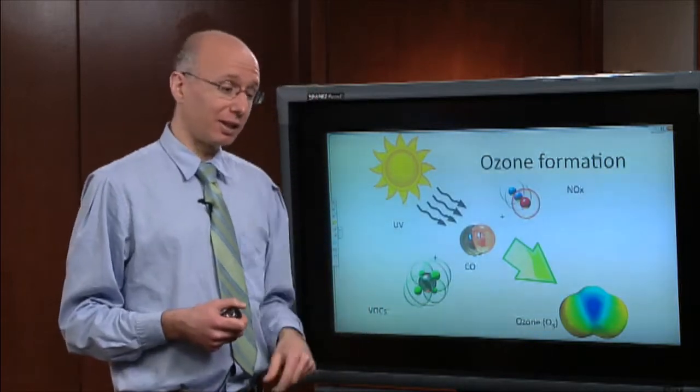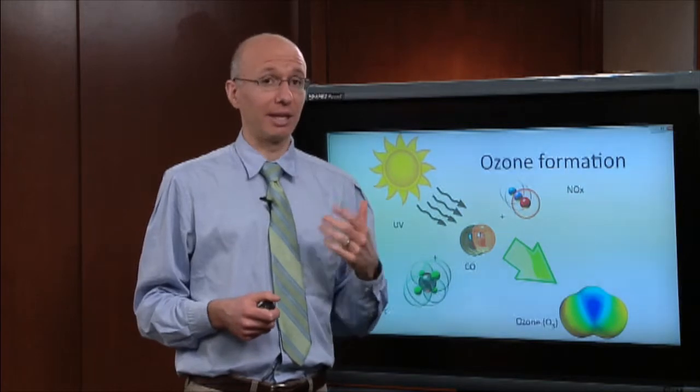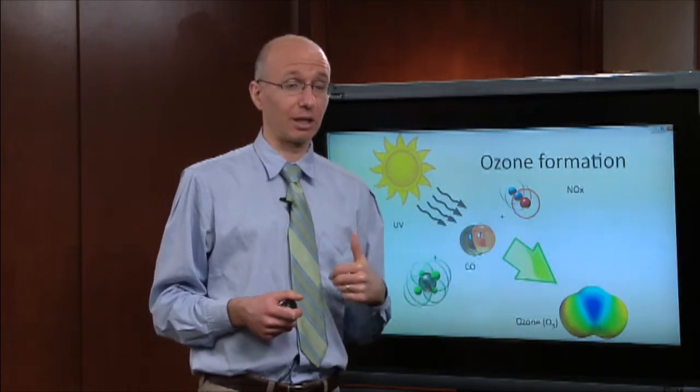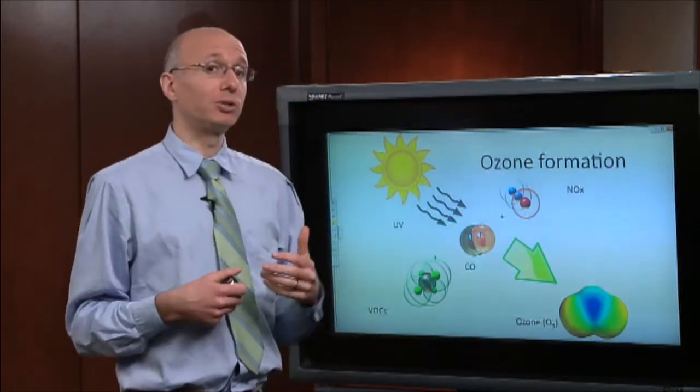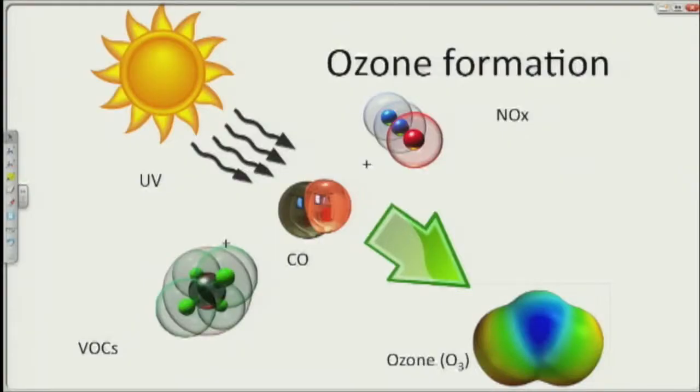But down here on the Earth's surface, ozone is not so good, and it's a major problem for our lungs in particular. And ozone gets made through a different pathway at ground level. To get ozone made at ground level, you need primarily tailpipe emissions. So volatile organic compounds, VOCs, carbon monoxide, and oxides of nitrogen.